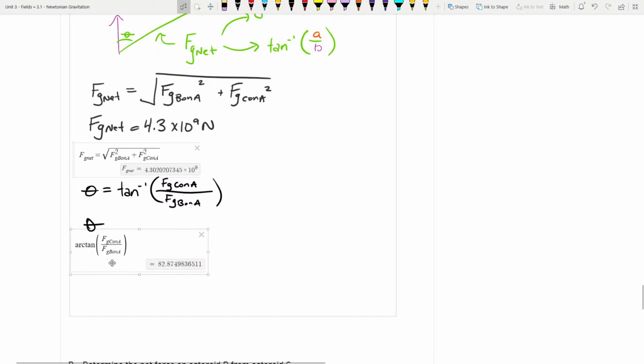So we can say equals 82.8 degrees off the y-axis, or 7.1 degrees off the x-axis.